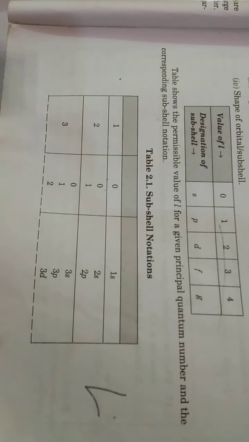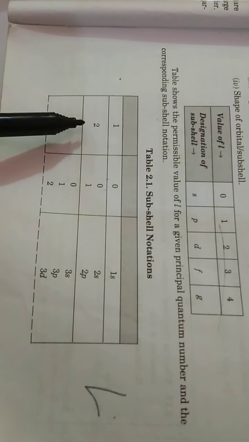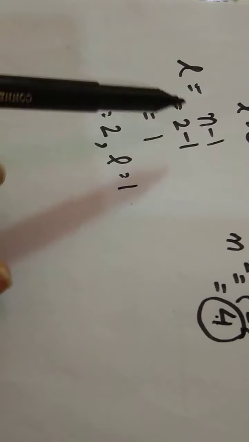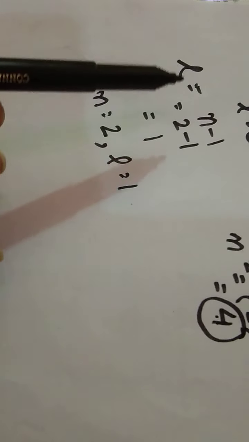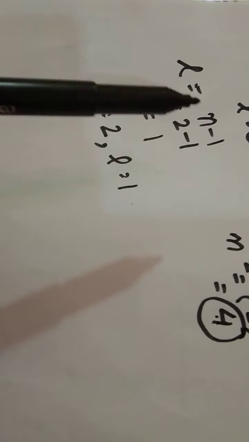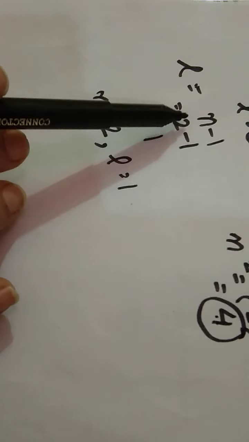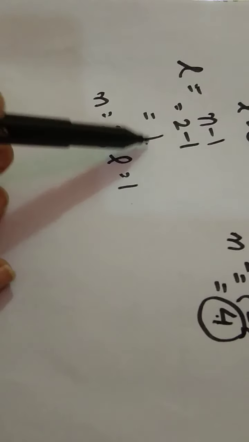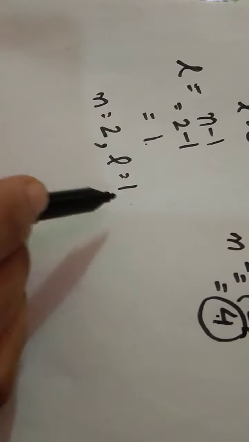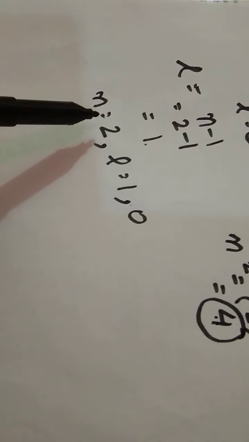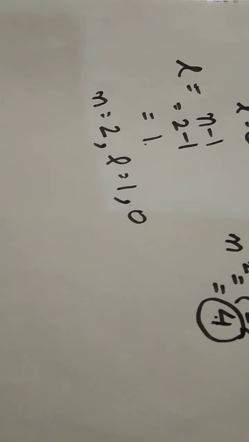In the same way, children, for n equal to 2, l is equal to n minus 1, including 0. So 2 minus 1 is 1. So the values of l for n equal to 2 will be 0 and 1.